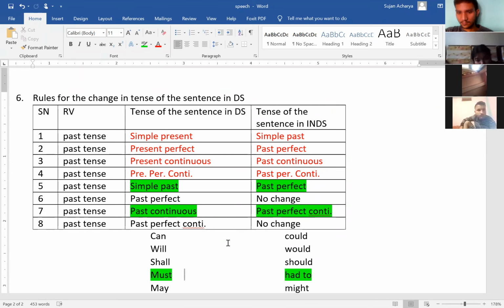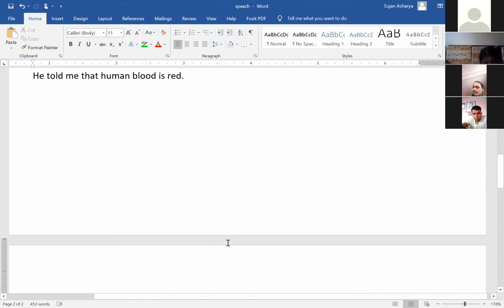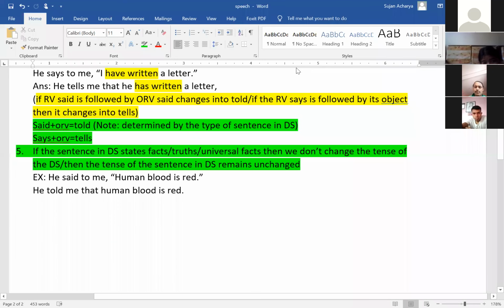Has everyone understood this, number 6? Yes, sir. Yes, sir. Let's revise the rules from 1 to 5 first.